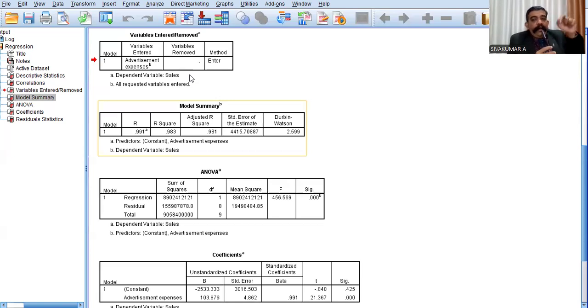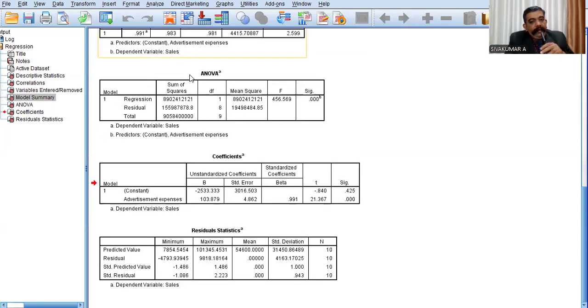On the basis of the ANOVA table, the researcher infers that the regression model is significant. Why? The Sig value is less than 0.05. Then the model is significant. Otherwise, the model is not significant.